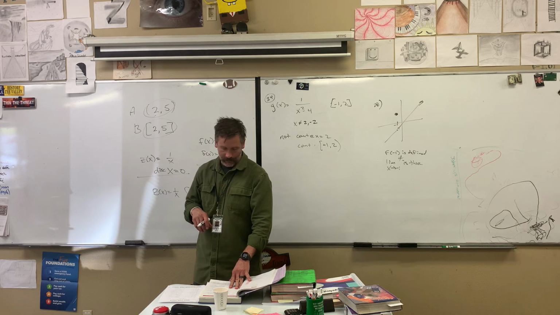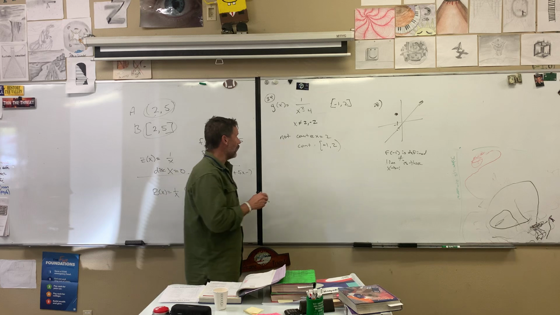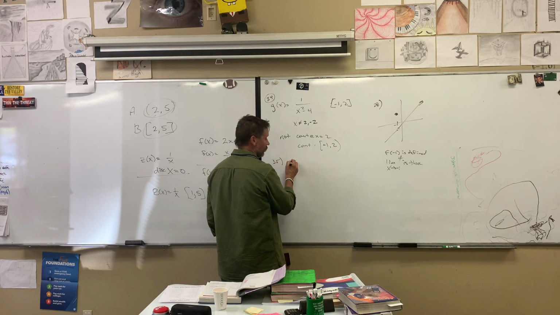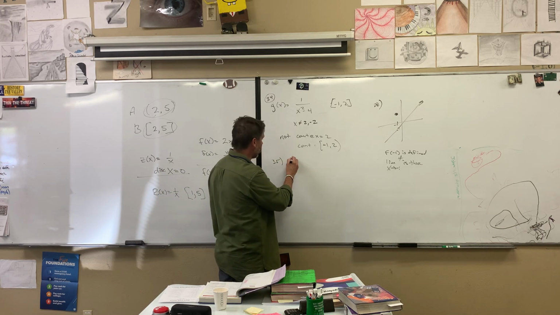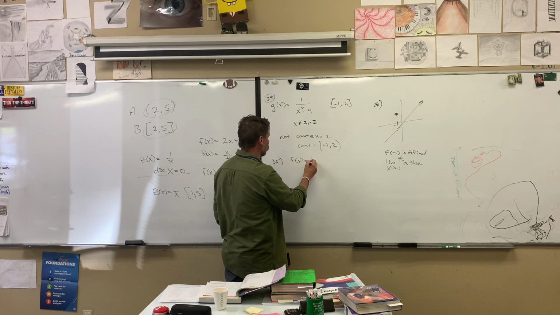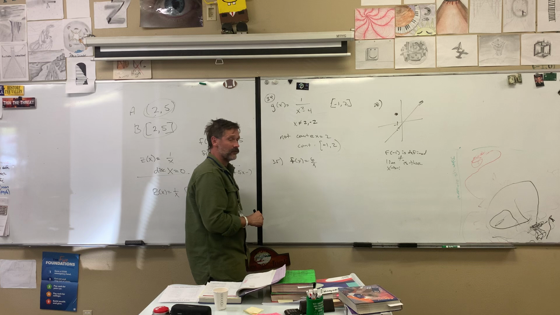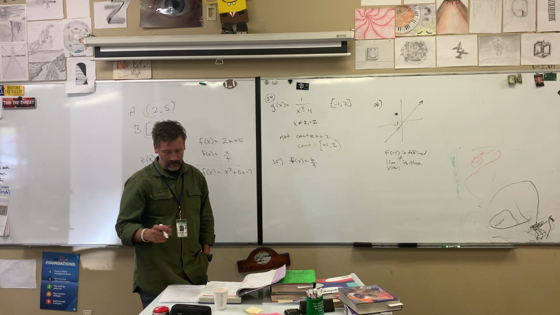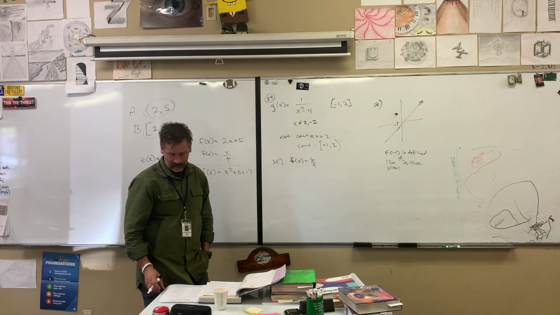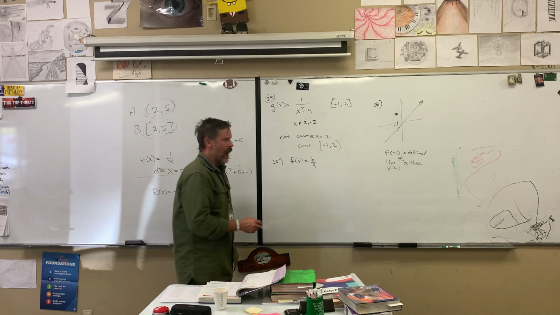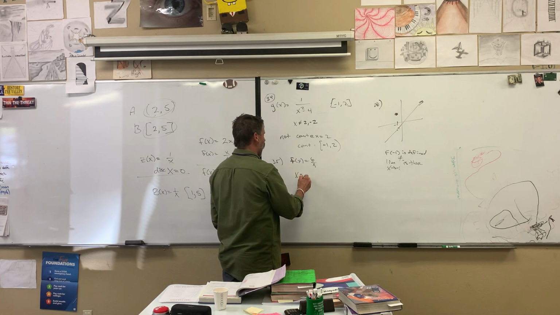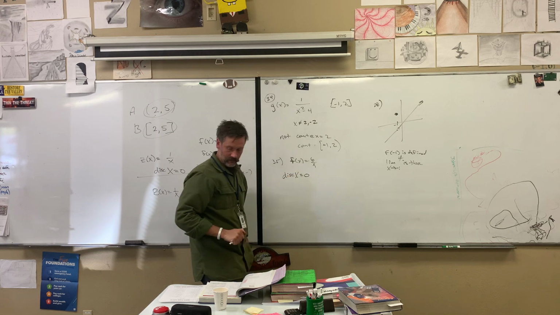If you look at number 35, it states f of x is equal to 6 over x. So this one says, discuss if there are any x values that cause discontinuity. So what value causes discontinuity at 35? 0. Yeah, x equals 0.